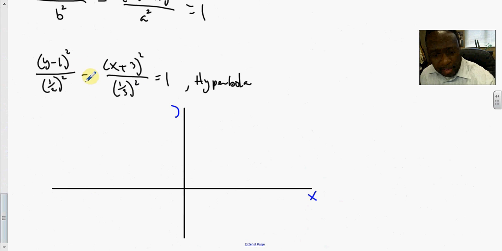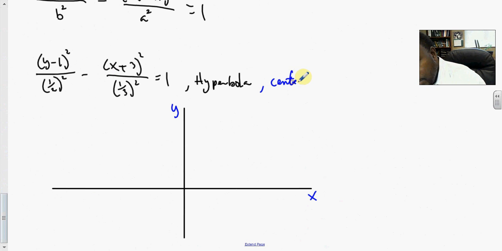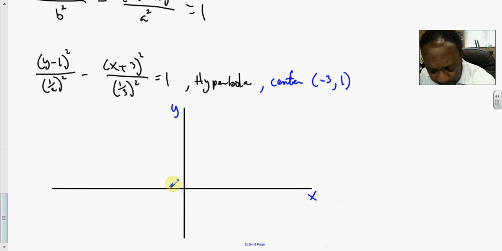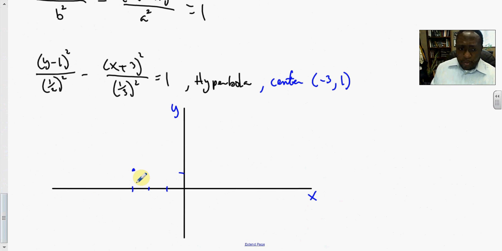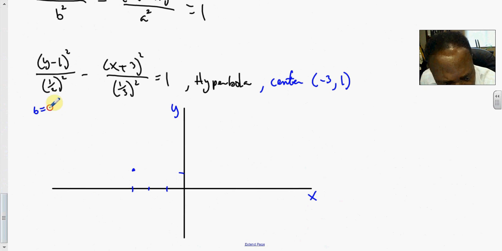So we find, it's supposed to be a y. So here we find the so-called center. It's -3, 1. So we find that. So we're there. Now what we're going to do is notice that B is plus or minus 1/2.